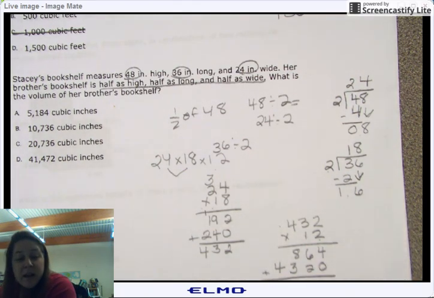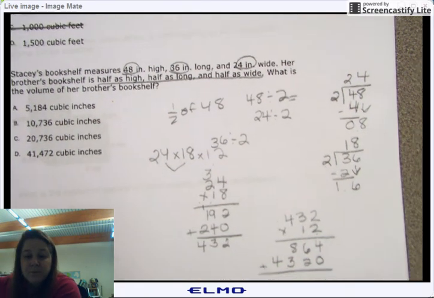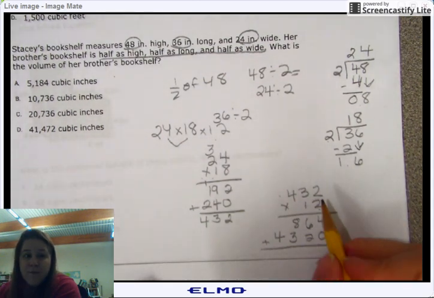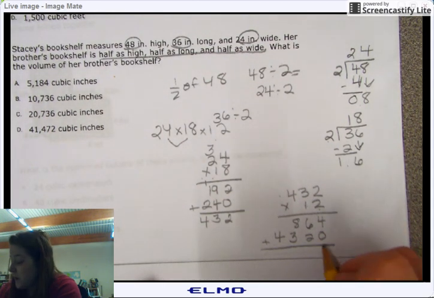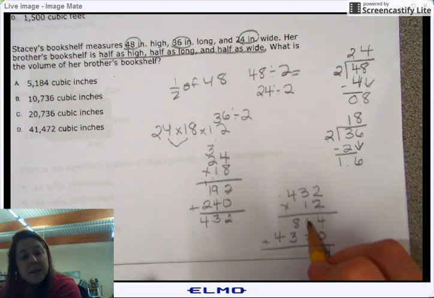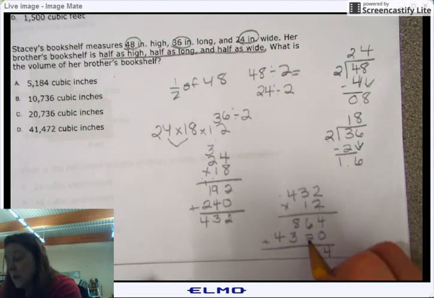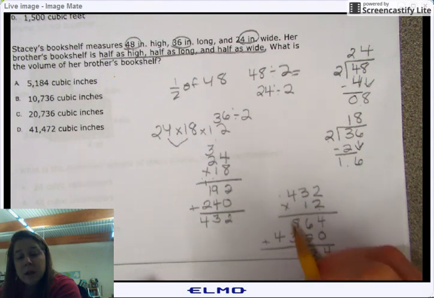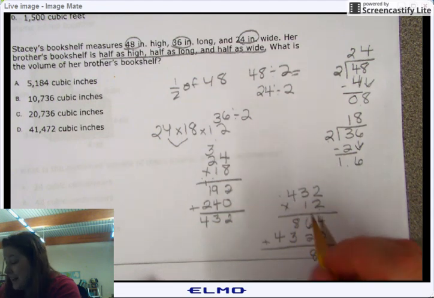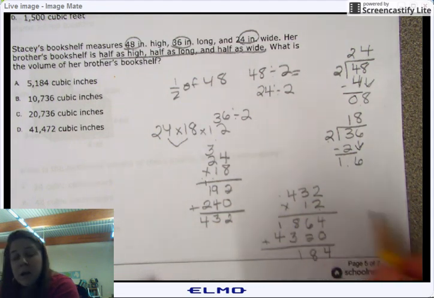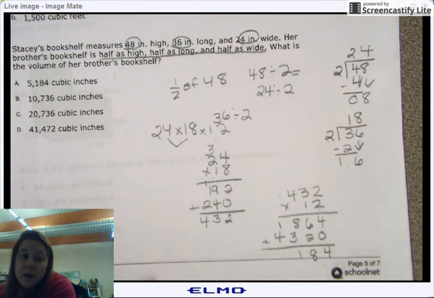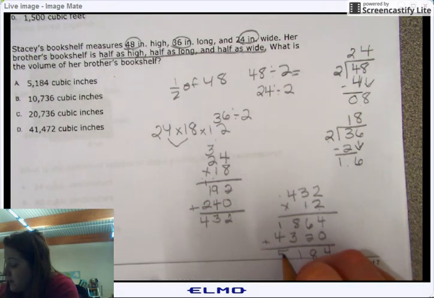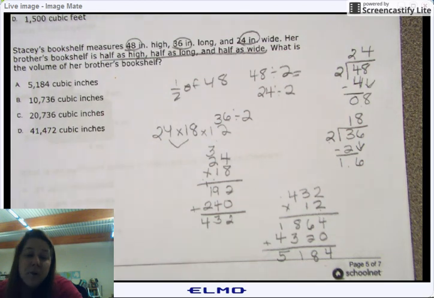I'm going to add them together. 4 plus 0 is 4. 6 plus 2 is 8. 8 plus 3 is 11. Trade your 1. 4 plus 1 is 5. So your answer to this problem should be A. Please make sure you circle A.